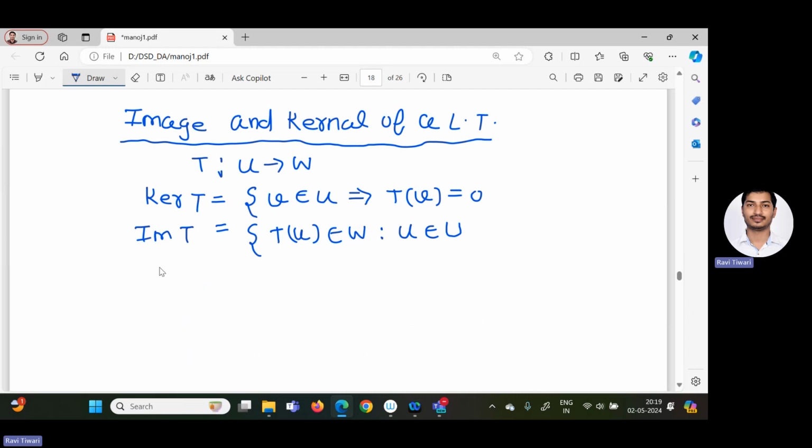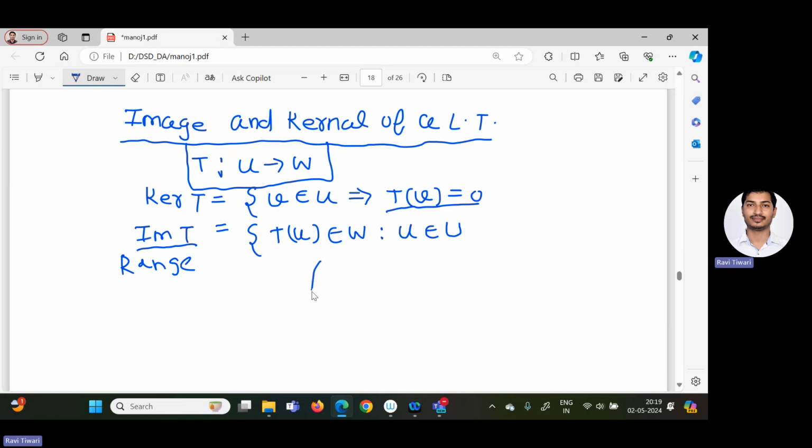We have studied the image, which is also known as the range of T. Kernel is defined, if we have T a linear transformation from U to W, as the set of all the elements of the domain which have image 0. The image of a linear transformation is the collection of all the outputs.